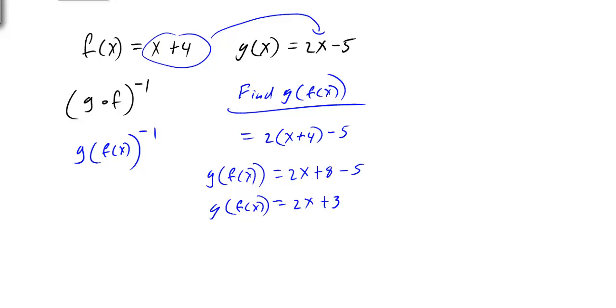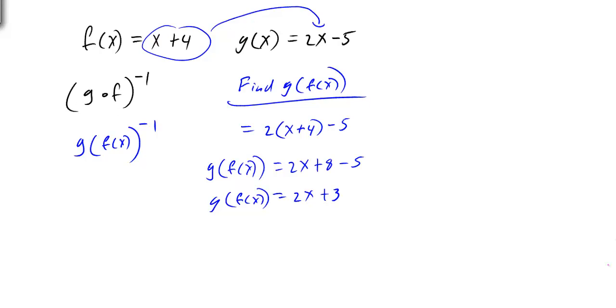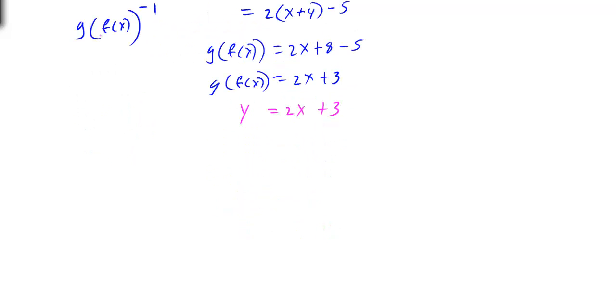So now what do we need to find? Well, we need to find the inverse of this. So really, this is our y. So this is simply y equals 2x plus 3. And remember, what's our order here? We're going to replace the y with x, replace the x with a y, and then we simply solve the equation for y. So we subtract 3. So x minus 3 equals 2y.